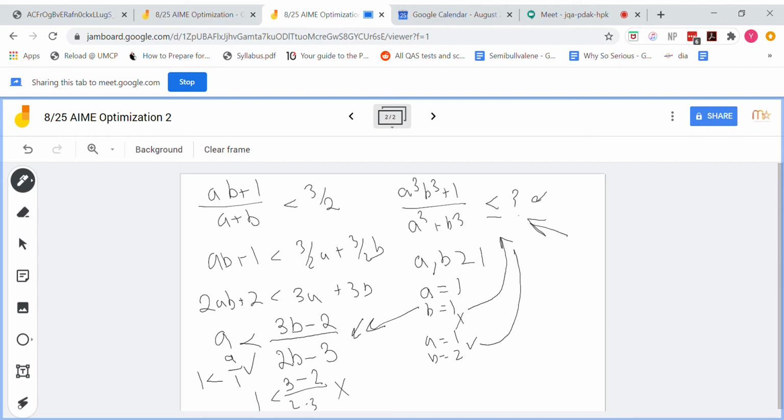Now if we plug this in, we have (1^3 * 2^3 + 1)/(1^3 + 2^3), which comes out to 1. And if we swap them, the whole thing is symmetric about a and b, so this also gives us 1. Okay, so that's good so far.